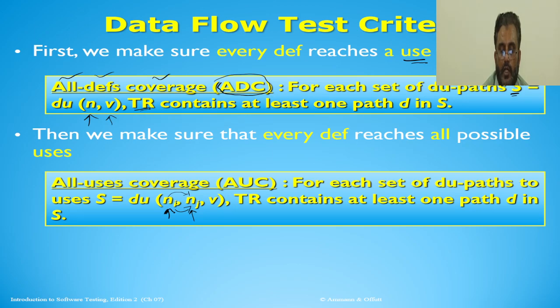If there are one or more paths, we just need to take one path to ensure that we have covered this use of the variable which is given on node Nj.